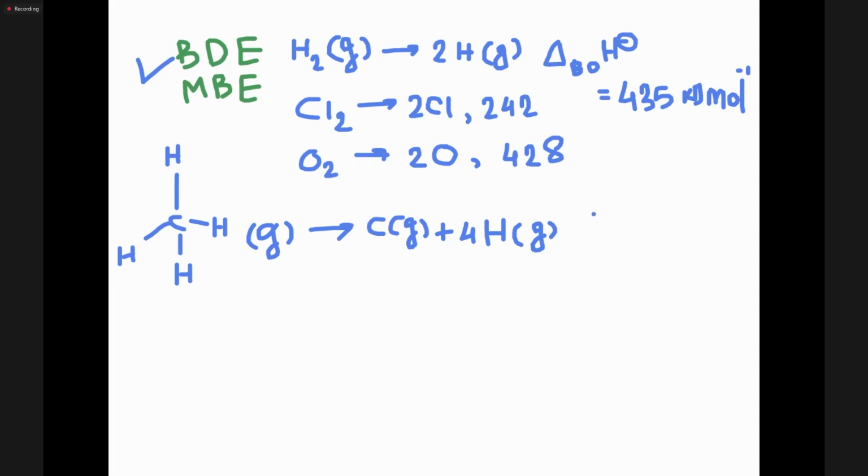The delta atomization H value in this case is 1665 kilojoule per mole, which is quite high because in this case, four CH bonds have to be broken.